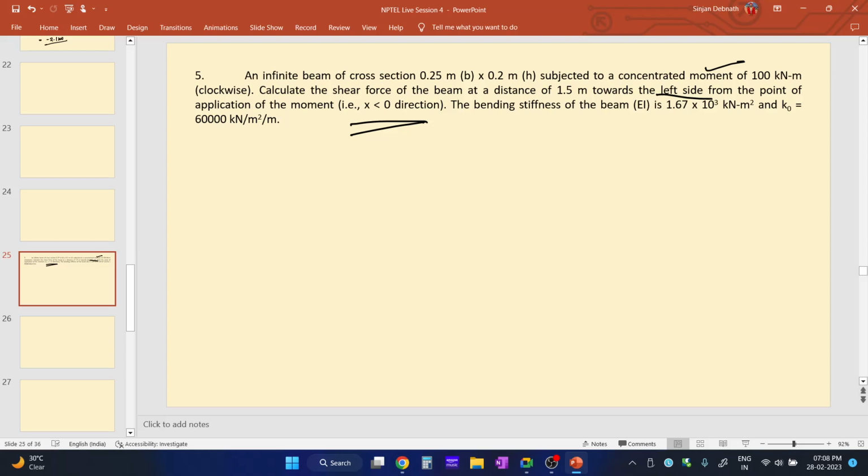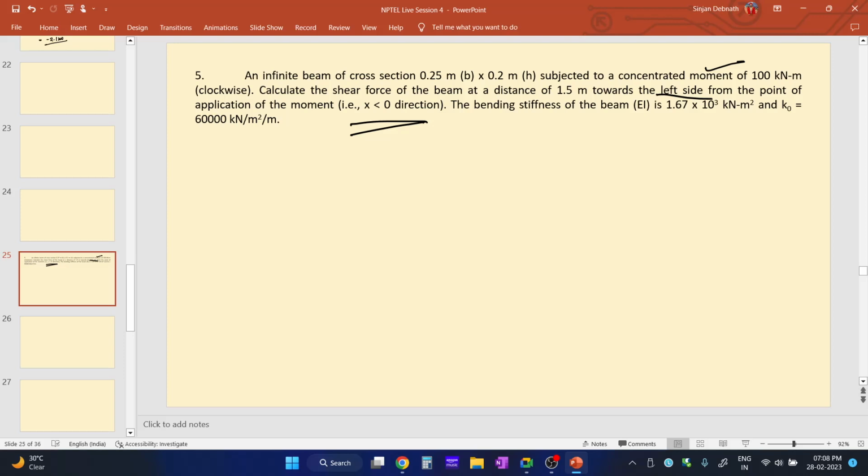So now let us look at problem number 5. Here a moment of 100 kilonewton meter is acting, and we need to find the shear force occurring due to the moment at a distance of 1.5 meter towards the left side from the point of application of the moment.